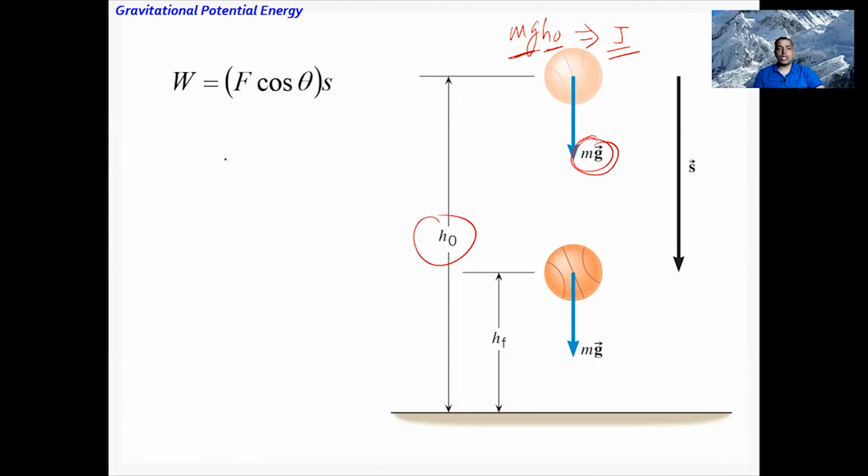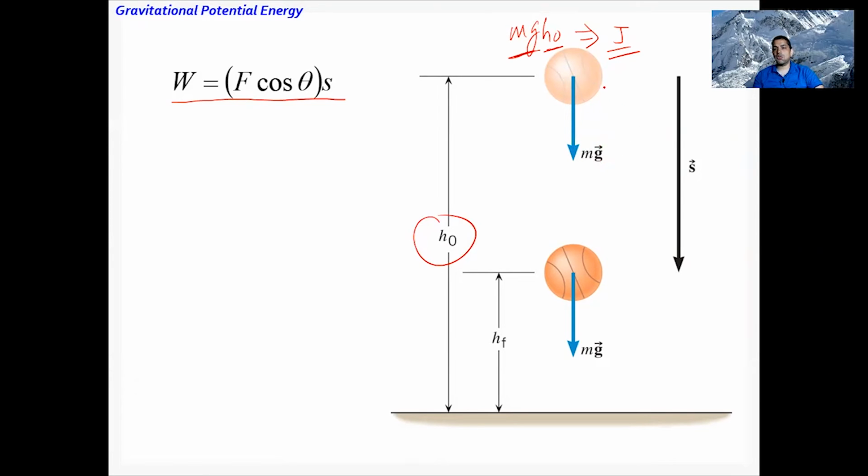In this case, I'm going to talk about the work done by the gravitational potential energy. As you know, work done is given by this. In this example, what is the displacement?